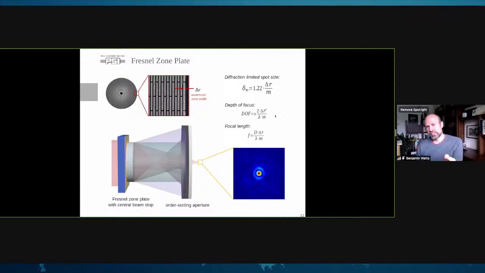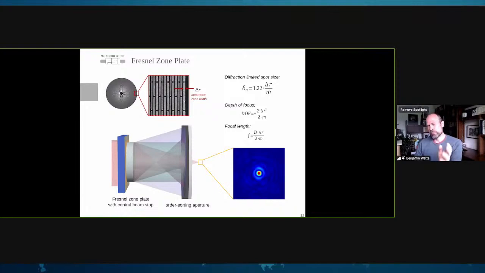So a zone plate is a diffractive imaging optic, and its spot size is limited by the width of the outermost zone. So we have a whole bunch of these rings put together, and however well we can make that outermost zone tells us what spot size and therefore resolution we can get.